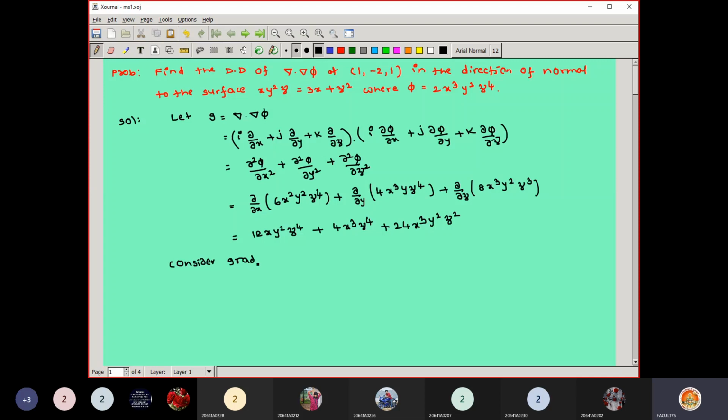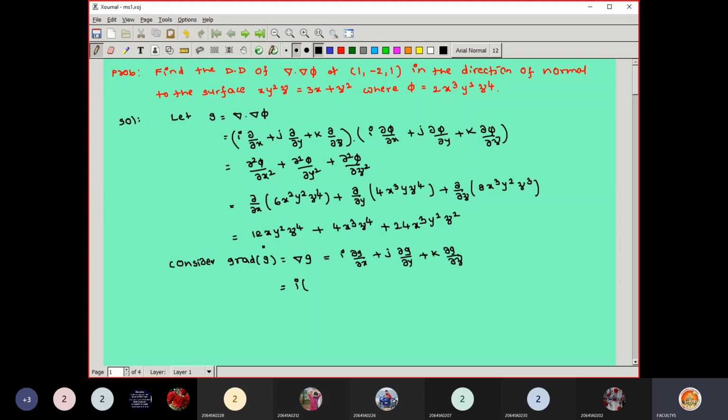So you find the gradient of g, which is nothing but del g. The definition is i dou g by dou x plus j dou g by dou y plus k dou g by dou z. Now you directly find its differentiation. i dou g by dou x, complete g, you are taking the differentiation with respect to x.